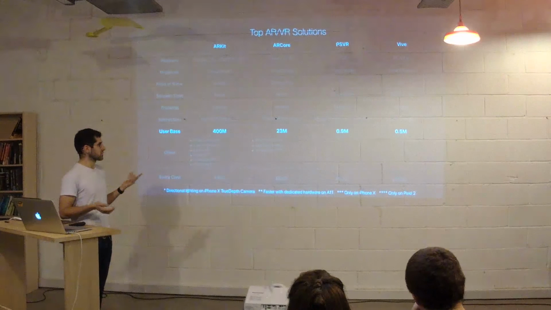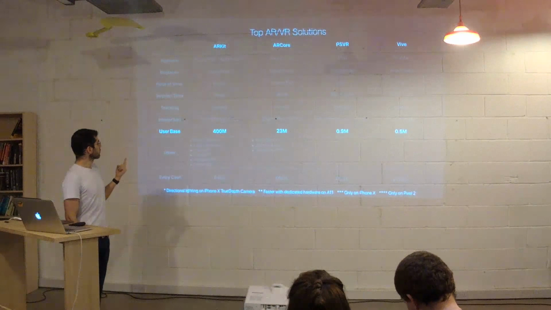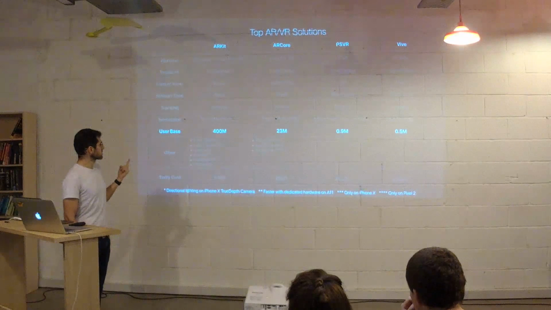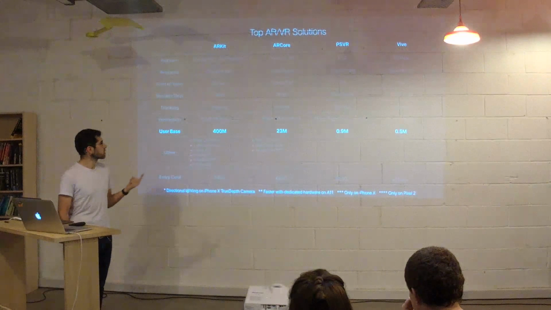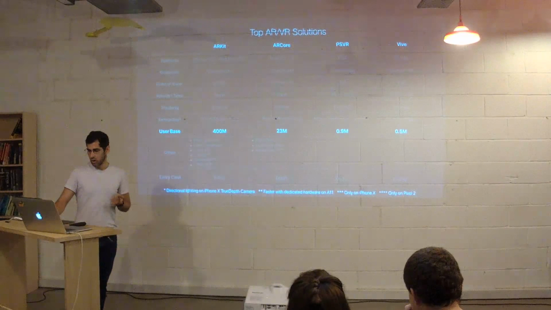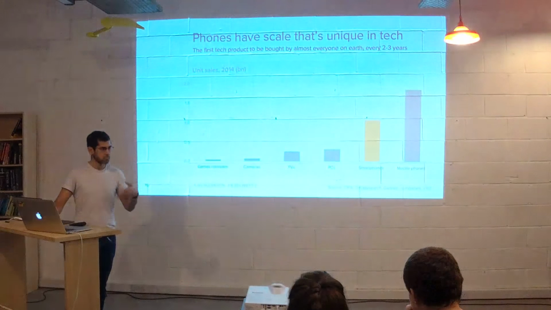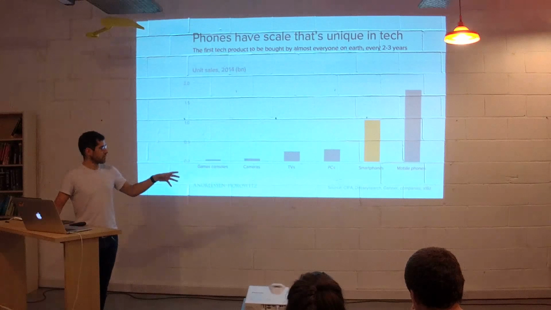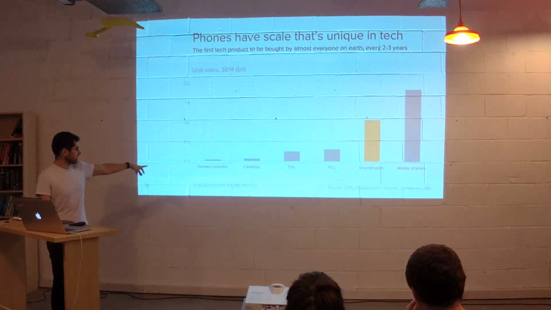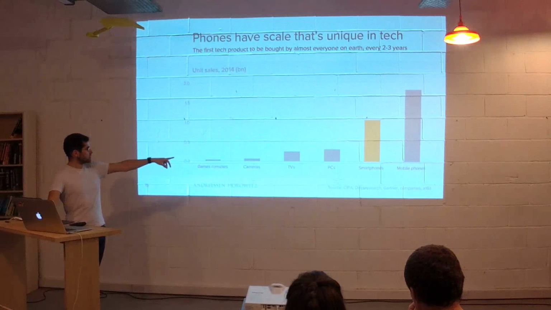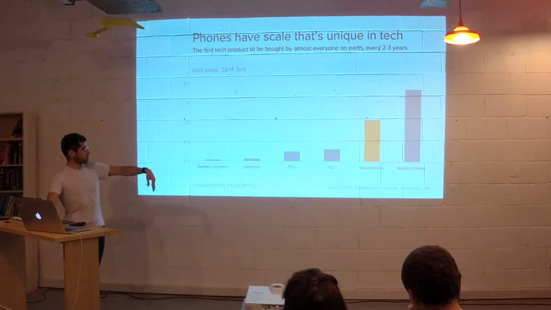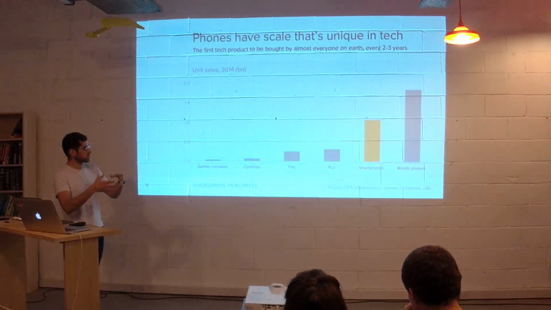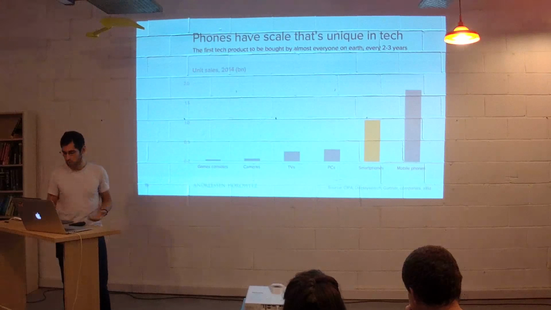So it's kind of surprising to look at this: 400 million ARKit capable devices, 23 million ARCore Android, and it's only going to double in 2 years from now. That's going to be triple, quadruple, and so on. Smartphones are on a very, very different scale from everything else, like consoles, PCs, etc. PCs are going down. This is from 2014. They just keep going down, more like very specific applications, and smartphones just keep exploding.